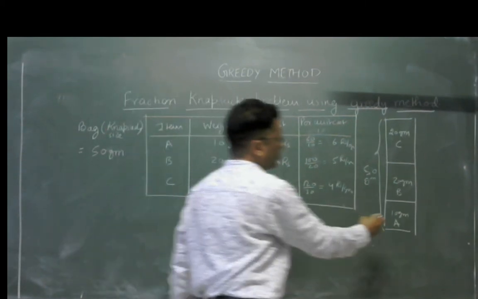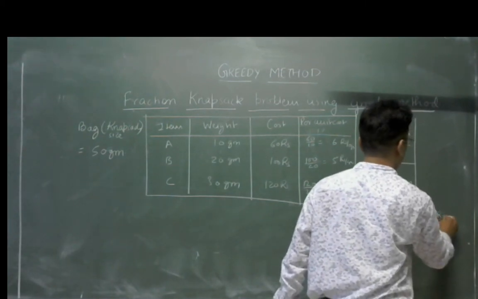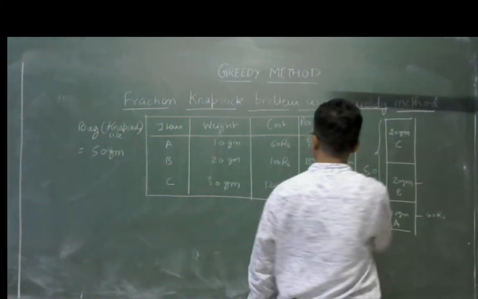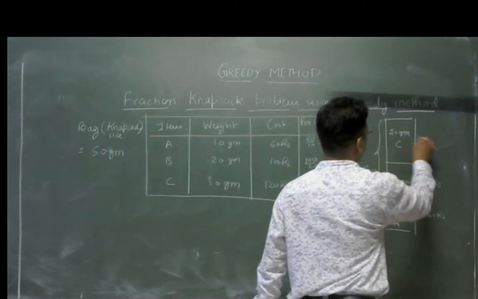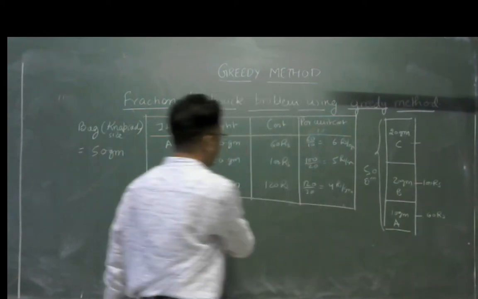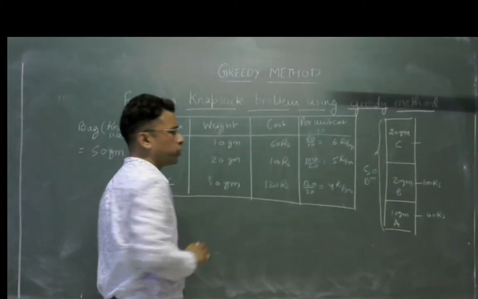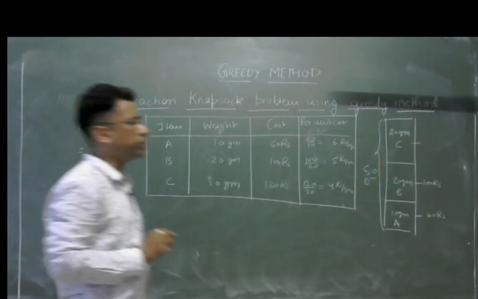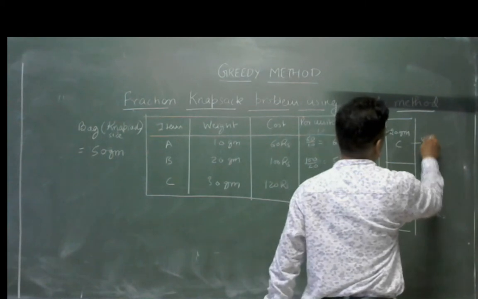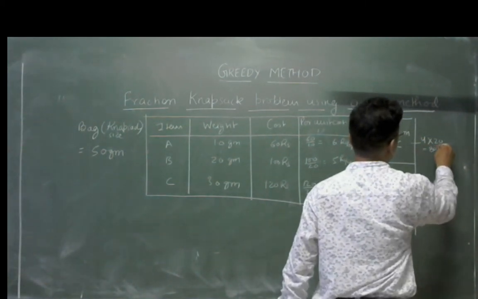For 10 gram, the value will be 60 rupees. This 20 gram value would be 100 rupees, and this 30 gram cost is 120 rupees. Then the 20 gram cost would be, this is a simple numerical, 4 into 20, which means 80 rupees.